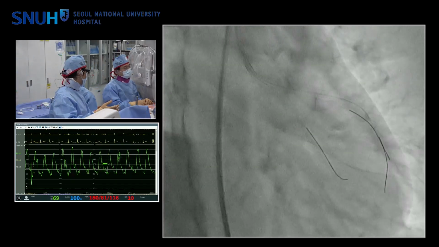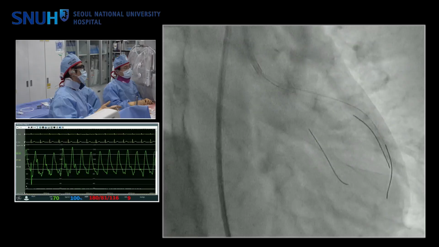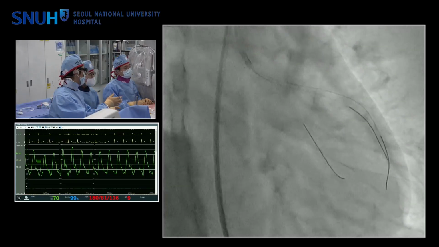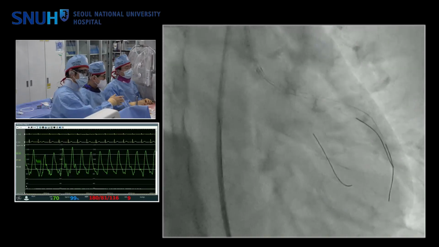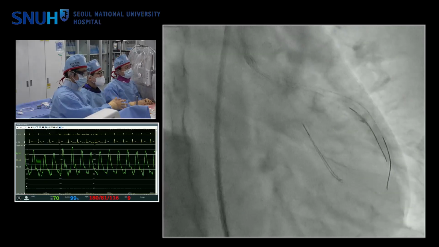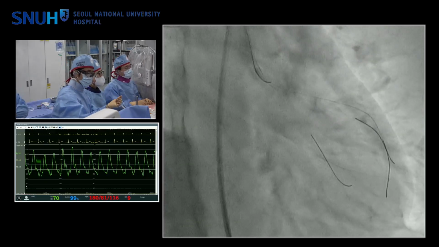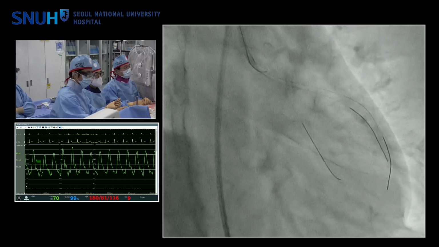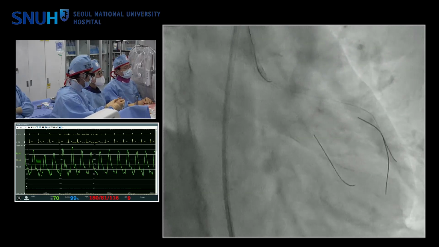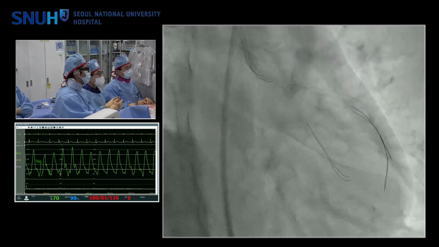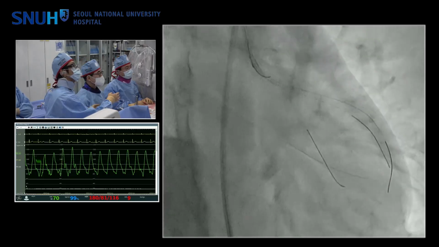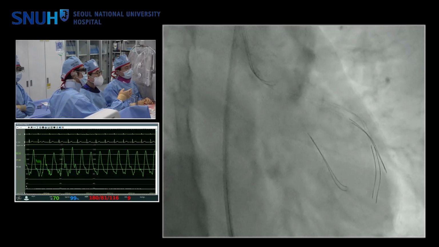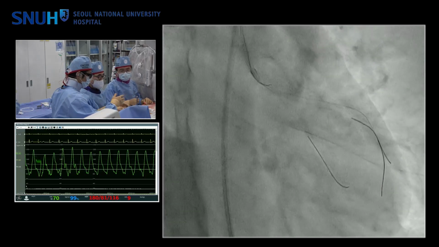How much is the frame rate for vFR? 15 frames per second. Usually we use 15 frames per second, because for most CTO operators, we only do 7.5. So remember, if you want to do vFR, you have to change back to 15 for a reliable calculation.